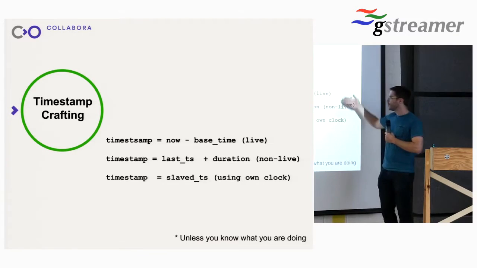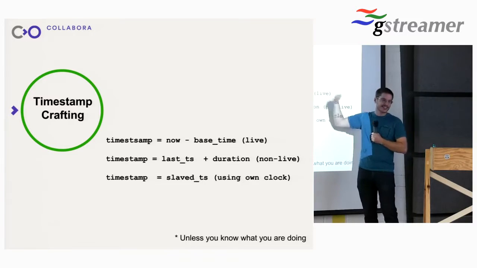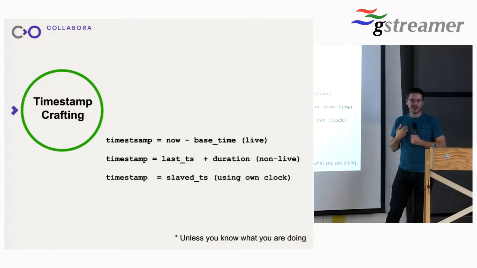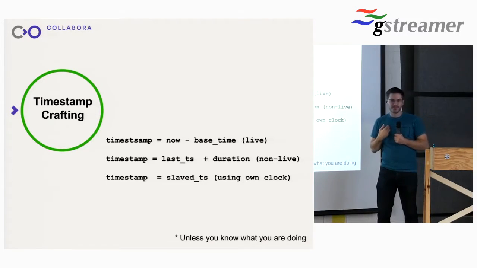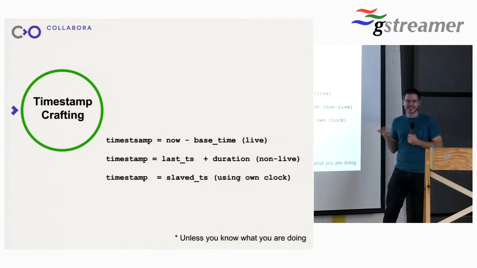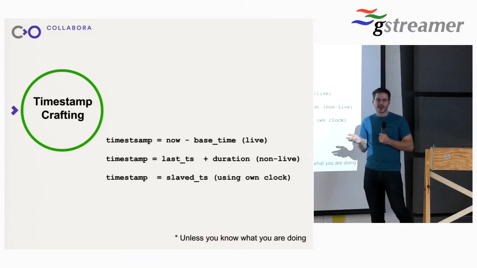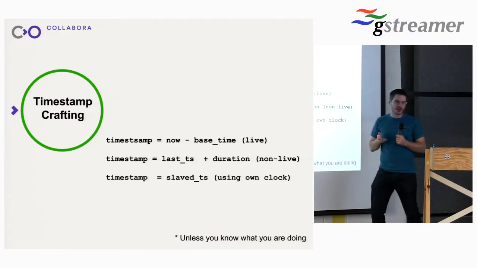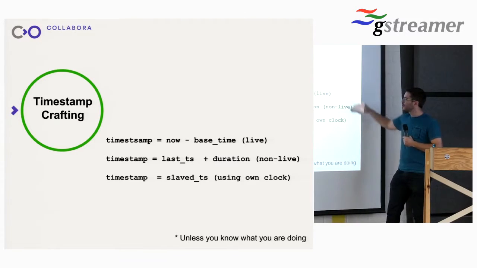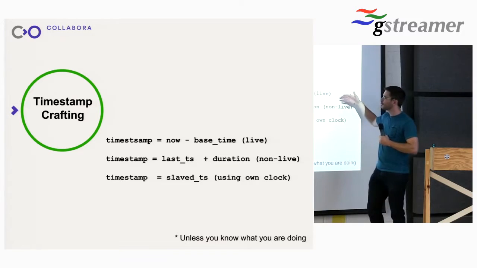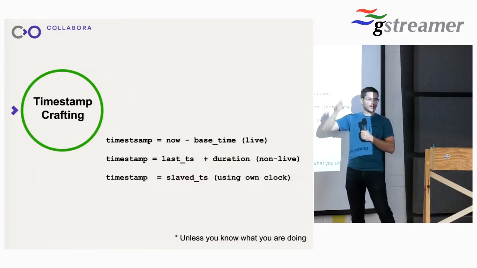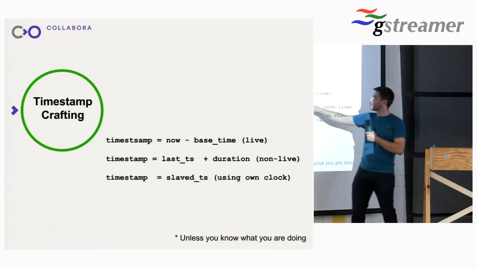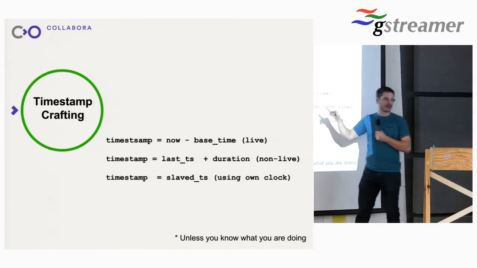One of the very common cases is that you have an appsrc and a live pipeline. So pause state makes no sense, buffer duration or anything makes no sense, and you most likely know the latency or you hard-coded it. So you can basically say, fine, whenever I get a buffer that I want to queue in GStreamer, its timestamp is the current running time.